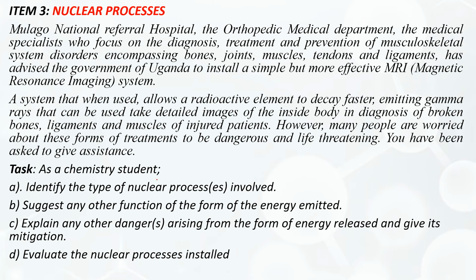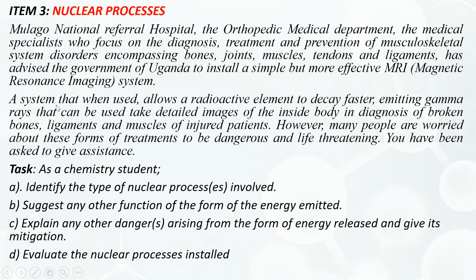Now let's look at this scenario. The scenario goes that Mulago National Referral Hospital, the orthopedic medical department, the medical specialists who focus on the diagnosis, treatment, and prevention of musculoskeletal system disorders encompassing bones, joints, muscles, tendons, and ligaments, has advised the government of Uganda to install a simple but more effective MRI, magnetic resonance imaging system.